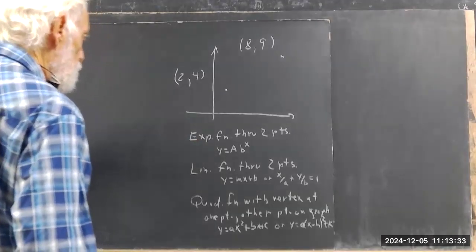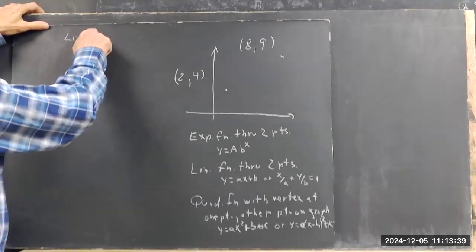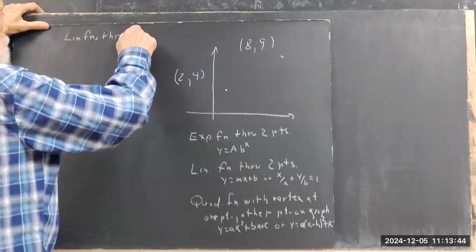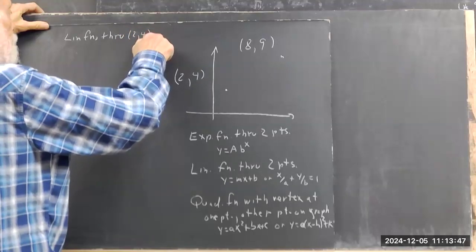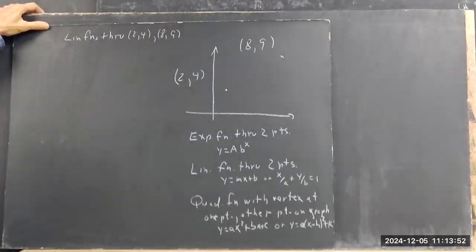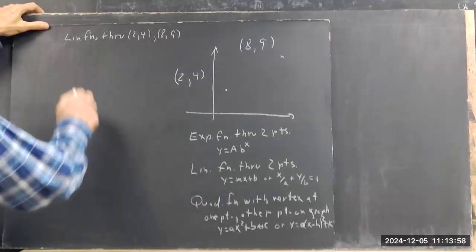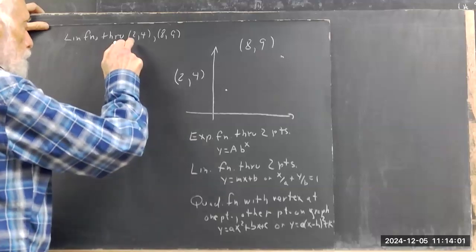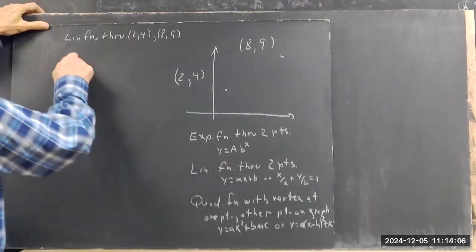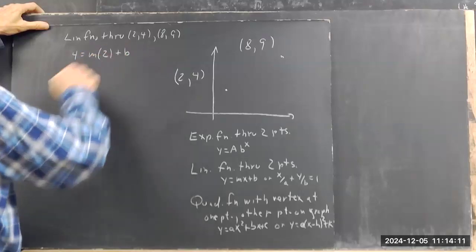Okay, let's start with the linear function. One way to do this is to get 2 simultaneous equations. So if y equals 4 when x equals 2, we can substitute 4 for y, 2 for x. We get 4 equals m times 2 plus b.